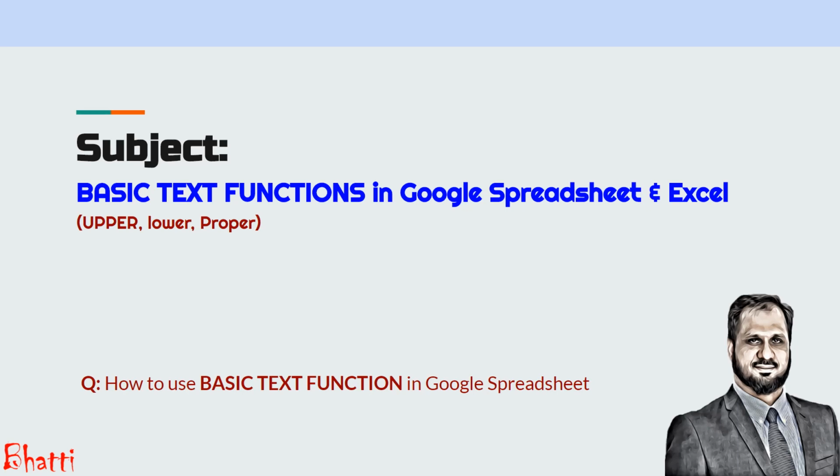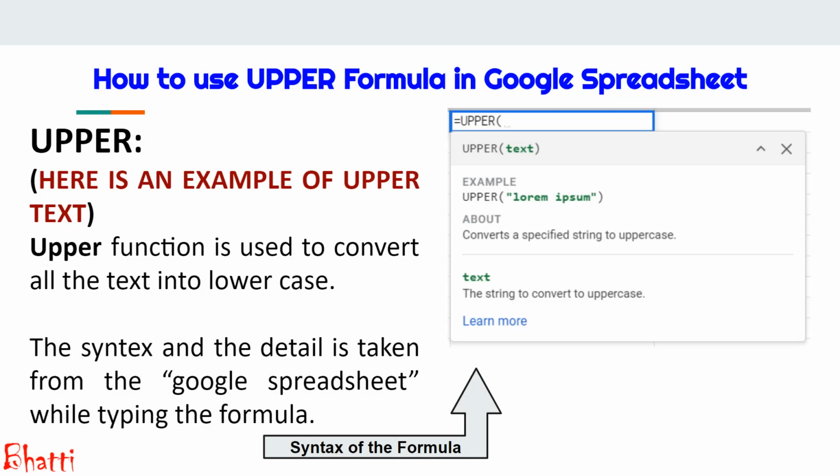Let us see what these functions are and how we can use them in Google Spreadsheet and Excel. The syntax is very simple. Is equal to upper, and within brackets we need to give the argument, which is the text. Text always comes in double quotation marks, so don't forget to use them.